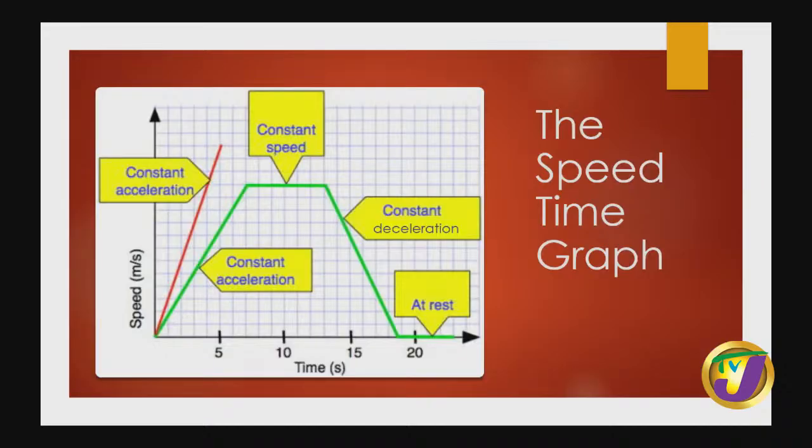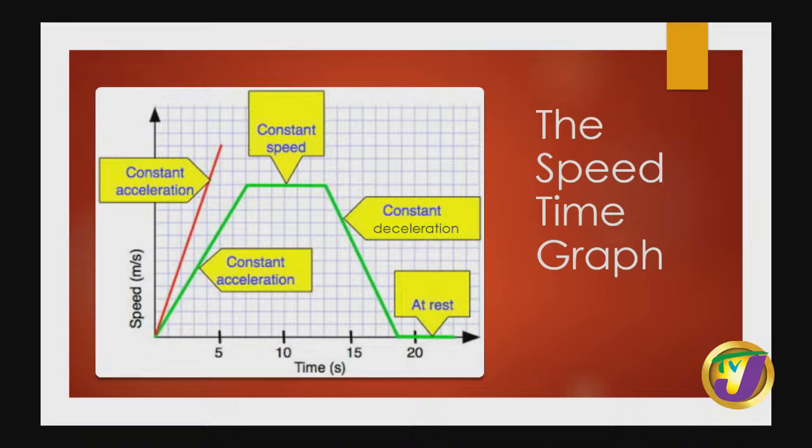Now this brings to mind the speed time graph. On the speed time graph, as with any graph, we have the x and y axis. On the x-axis we have time, and we also have speed on the y-axis.